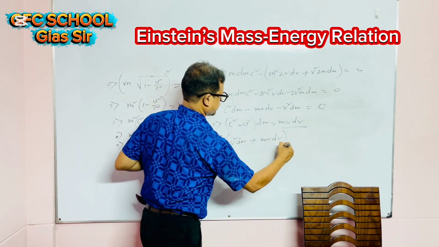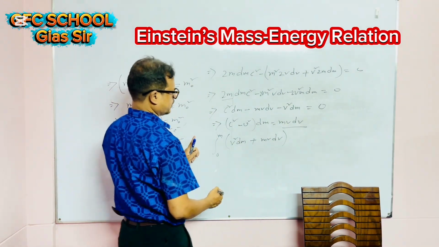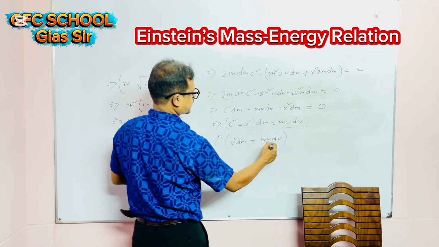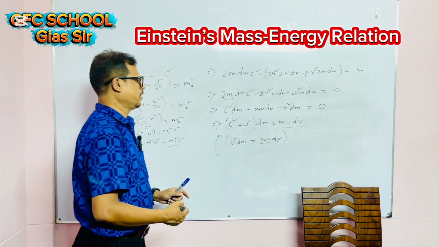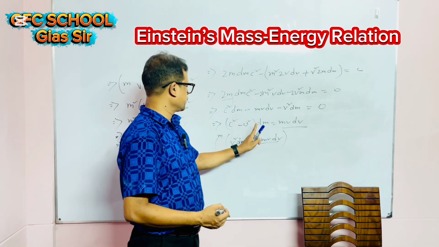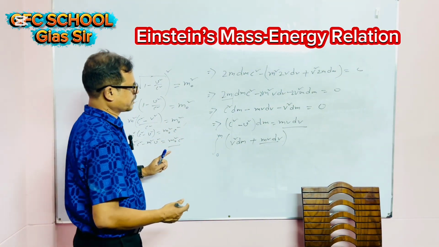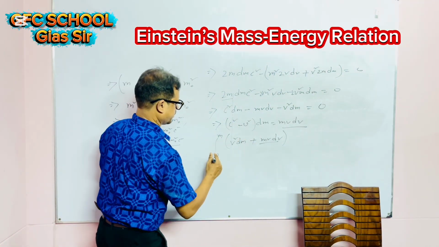We had this line, and m v dv equals (c squared minus v squared) dm. We can put here from this line.